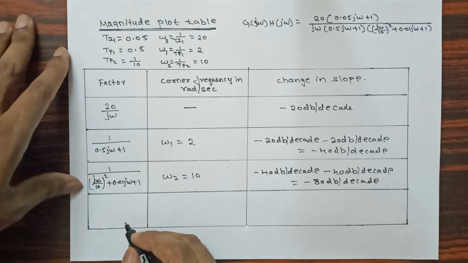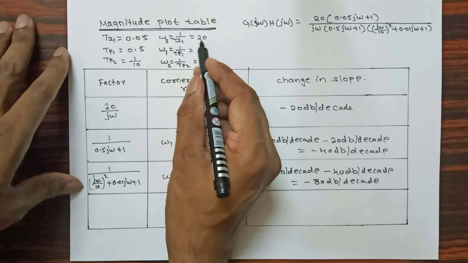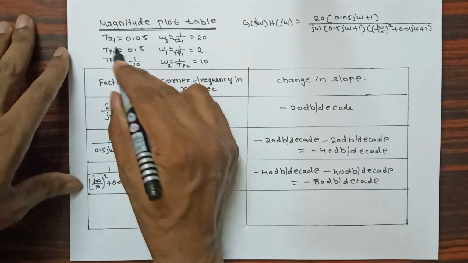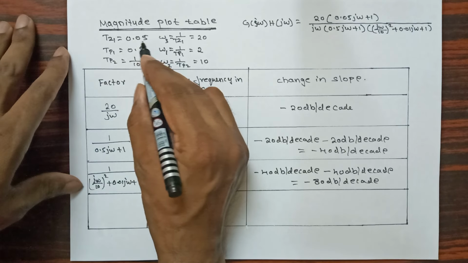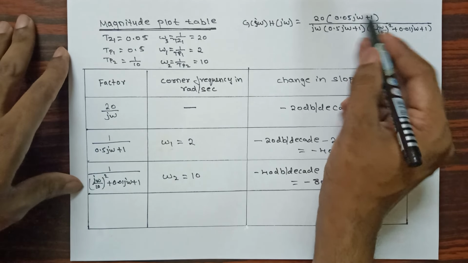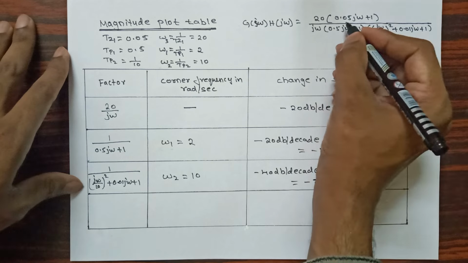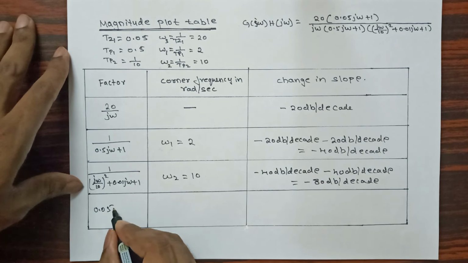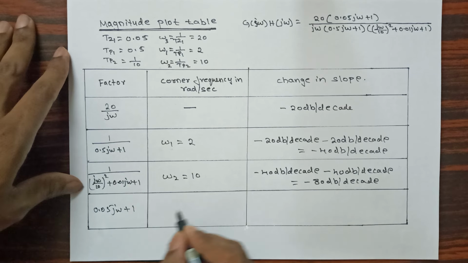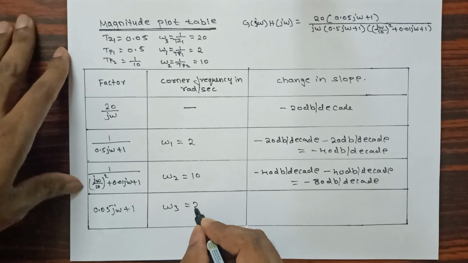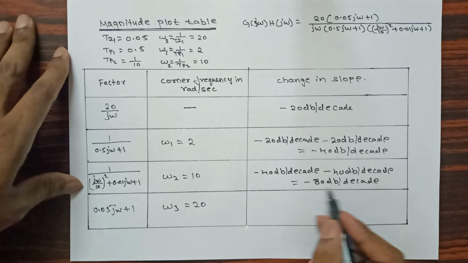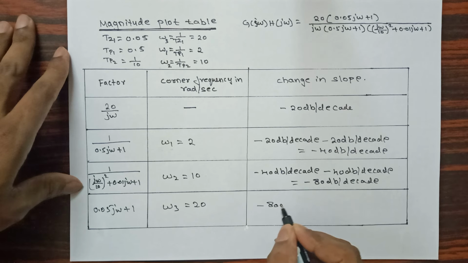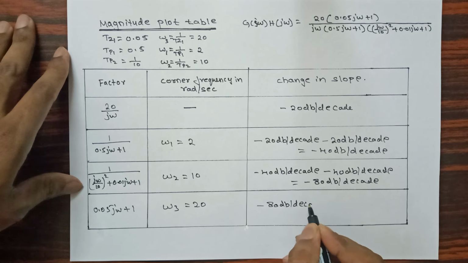So now the next term we are going to consider, that is omega 3 is equivalent to 20, and for that the term is tz1 is equal to 0.01. So now I am going to write this term, that is this term is in the numerator. I am going to write 0.05 j omega plus 1, and the corner frequency for this, omega 3, is equivalent to 20. And here first I am going to write the previous slope with respect to this row, that is minus 80 dB per decade.